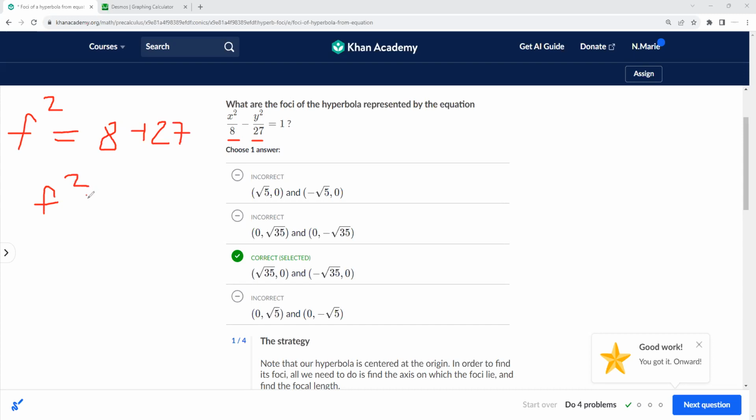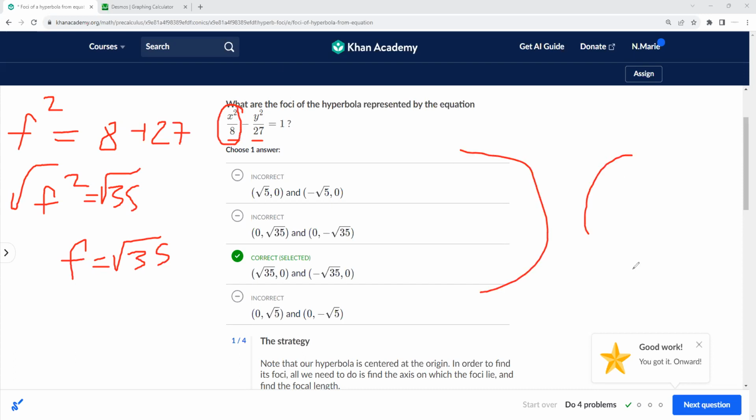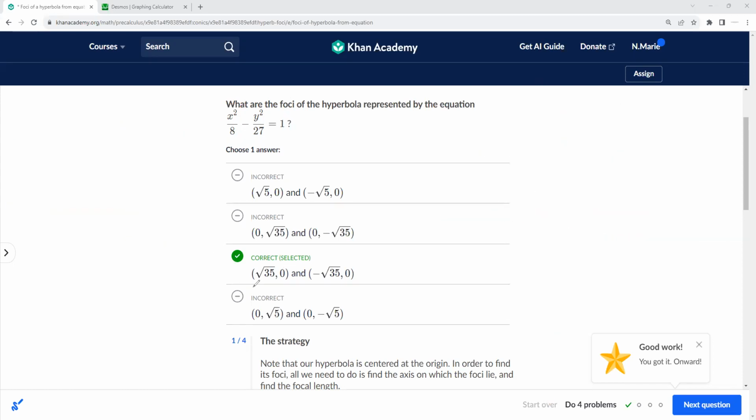So f squared is 35. And so if you take the square root of both sides, f is equal to the square root of 35. It's going to be on the x-axis, since the x comes first, it's going to look something like this. So it's going to be on the x-axis when you graph it, where the x spot is.